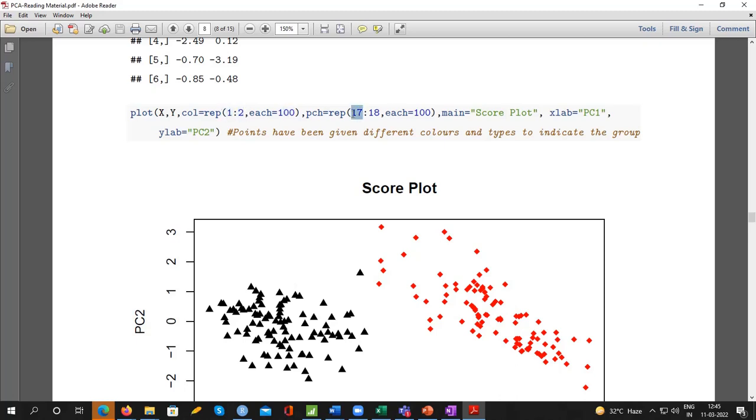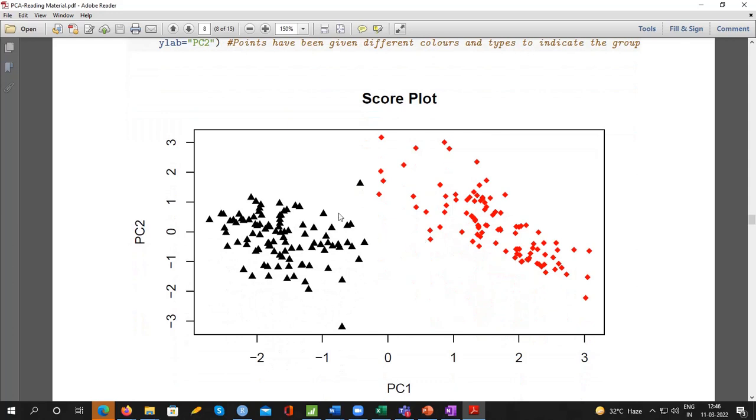Similarly, we give PCH equal to 17 for the first 100 notes and PCH equal to 18 for the next 100 notes. PCH is the type of symbol, so triangle or a diamond. And we can see that except for this observation, the groups are pretty well separated. So we can say that yes, the principal components can actually distinguish between genuine notes and forged notes.